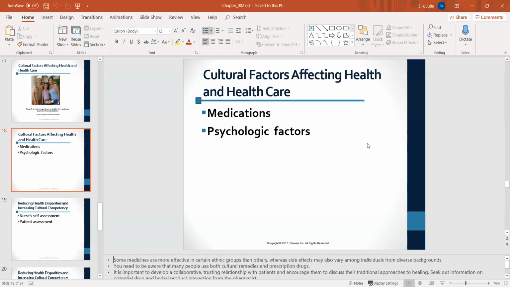Go ahead, Stella. Would it be like beta blockers with African Americans? I don't think that's the one I was thinking of, but I keep thinking it was something like someone from Asian descent. Like if they took this certain medicine, it didn't work as well with them or something. I'll have to look that up and tell you guys another time.